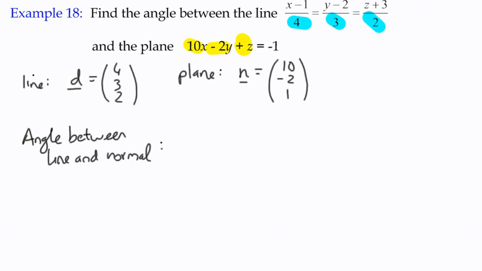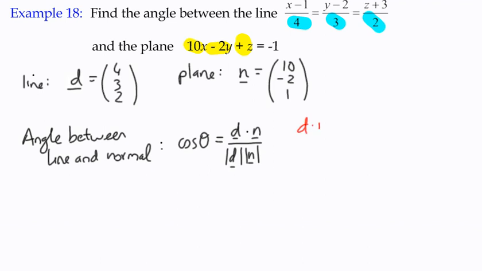That angle is, so we can say cos theta equals d dot n, the scalar product of the two, divided by the product of their magnitudes, which we just go ahead and do.